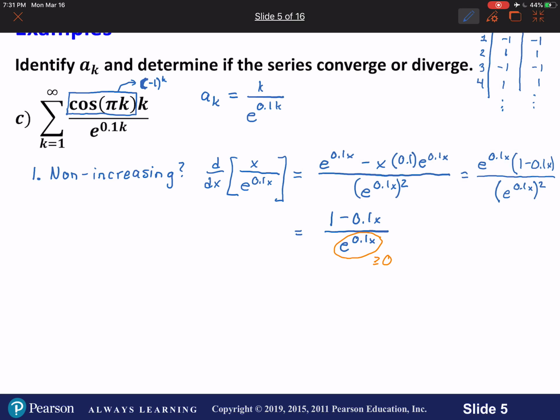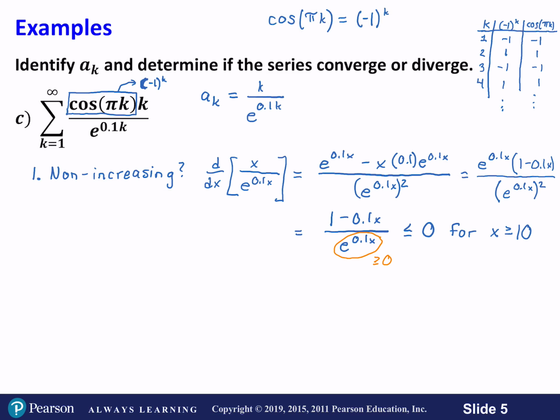So this thing is less than or equal to 0 for x greater than or equal to 10. So if x was larger than 10, then this whole entire thing would be negative.